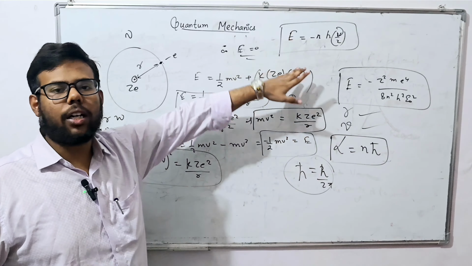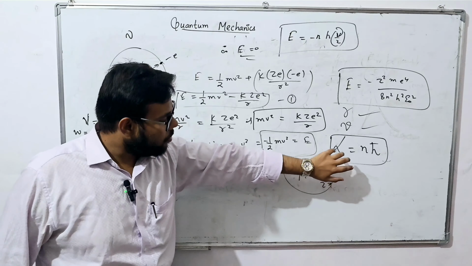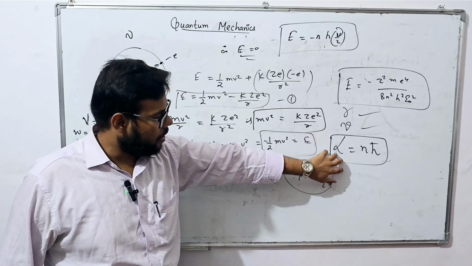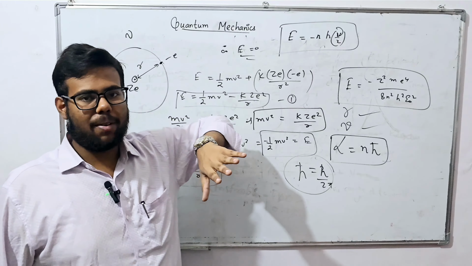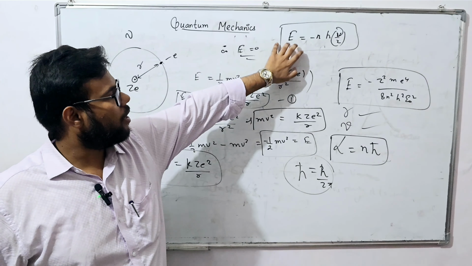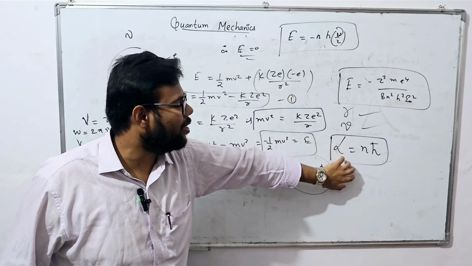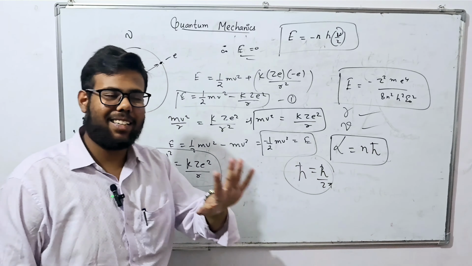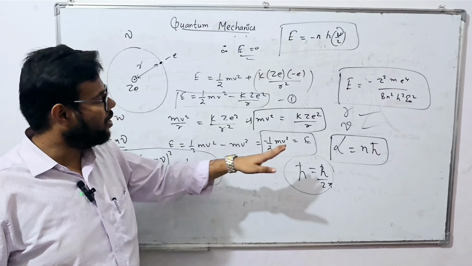Generally, when we are taught in the textbooks, we are told that it was a postulate of Niels Bohr that L is equal to n h bar, but it was proved afterwards by him in the same research paper. He assumed this thing, and from that he got this, and from all this he got this actually. So that is the big difference between what we are taught and what is the reality.